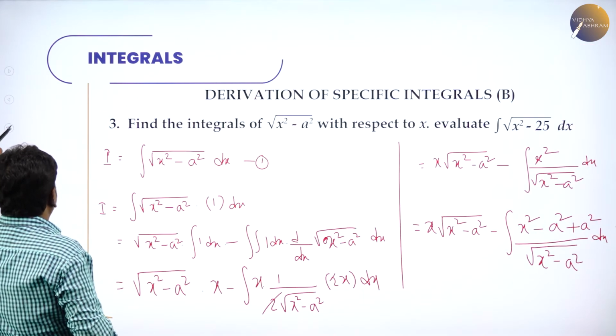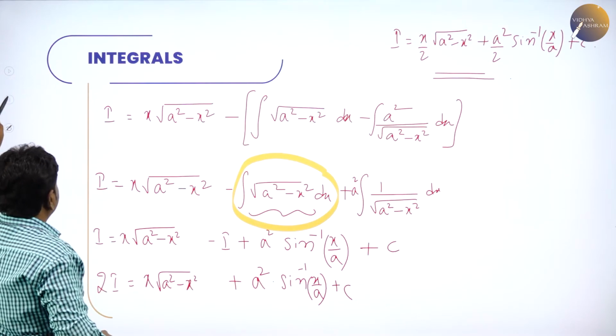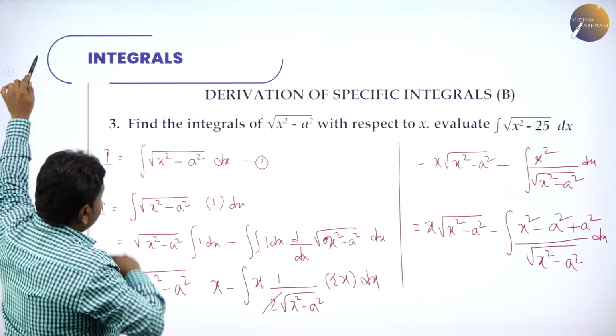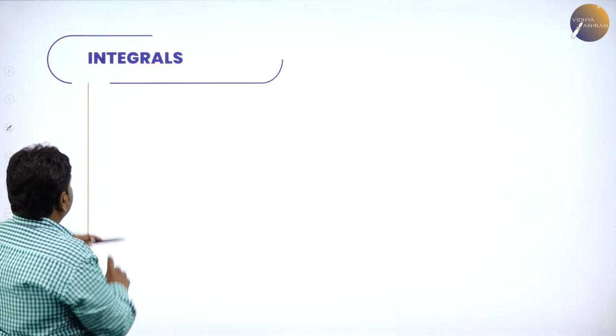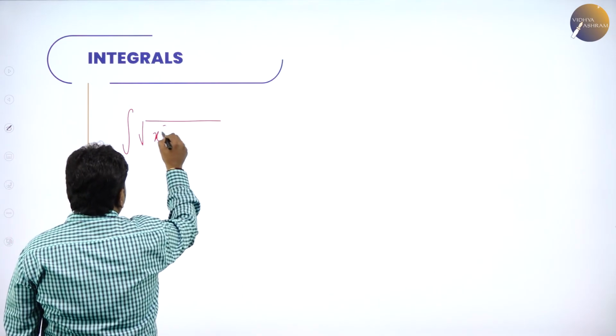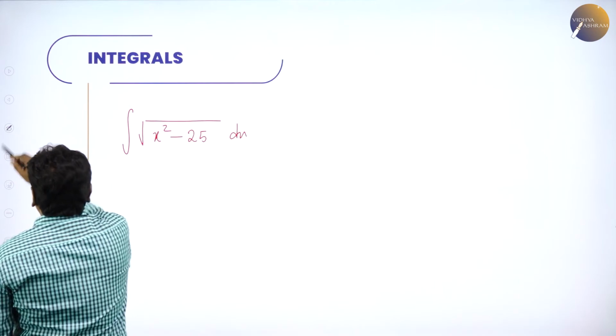So now going ahead, going to the problem, they want you to evaluate what? They want you to evaluate root of x square minus 25. So we need to integrate root of x square minus 25 dx, we use the formula. What is the formula we derived now?